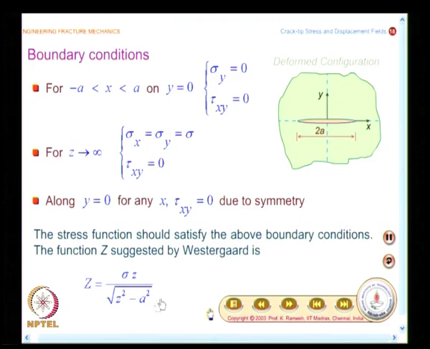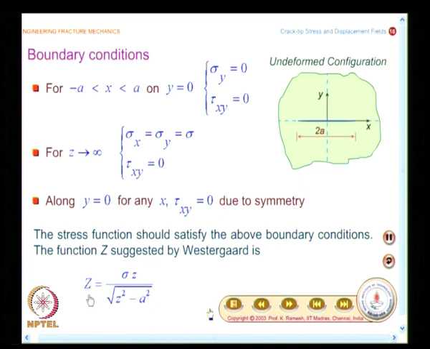And when you want to find a solution for a finite body or a body with single edge crack or double edge crack, for all of them a series of cracks would be the starting point to arrive at a solution. So, the beauty of Westergaard's approach is he had coined the stress function Z. With simple modifications you could get solution for a variety of problems.